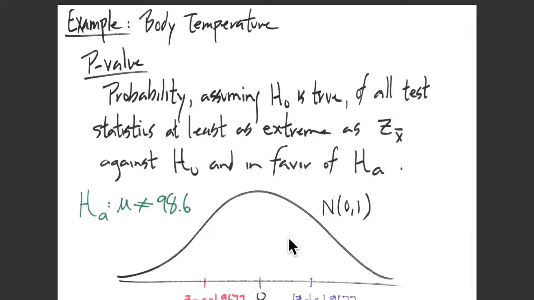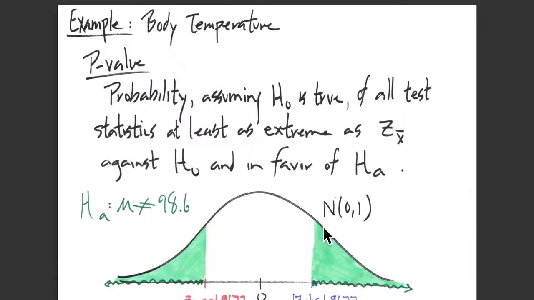And so the p-value for a two-sided test is going to be computed from all the z-scores in both tails that are defined by the test statistic. So you're seeing that here in this picture. Z-values that are less than minus 1.9677 or bigger than 1.9677 both constitute evidence at least as extreme as ours against H0 and in favor of HA. And that's why it's called a two-tailed test.